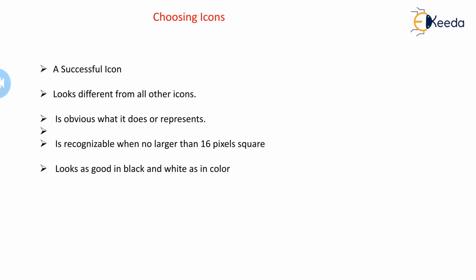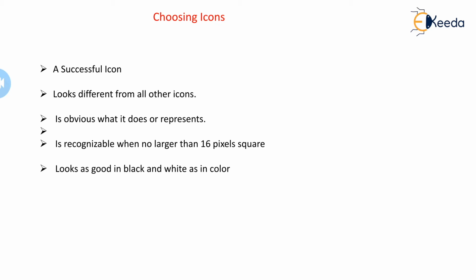Next is choosing the icon. What features will you choose for the icons? Choosing icon design is an important process. A meaningful and recognizable icon will speed learning and recall and yield a much more effective system. Poor design will lead to errors, delays, and confusion.